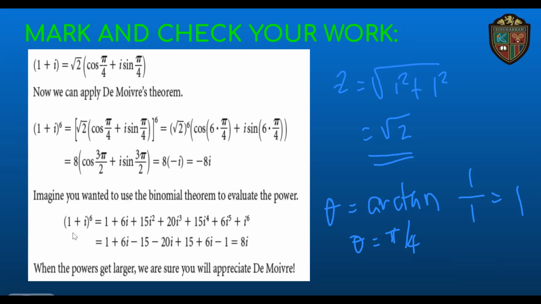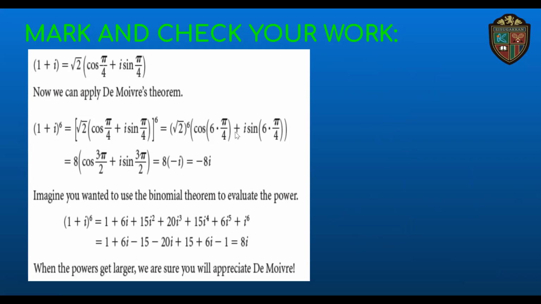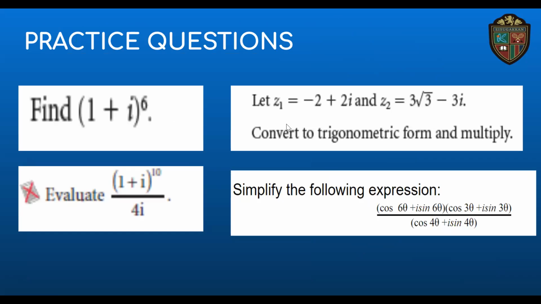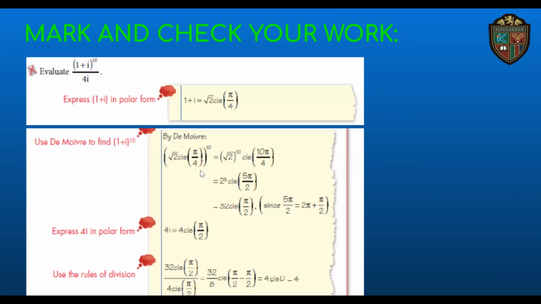Expanding 1 plus i to the power of 6 will give us this result, which also equates to negative 8i. Okay. Now, this is just a review of the previous topic that we did. Please check the rest of the practice questions here. The solutions are also found in the slides given.